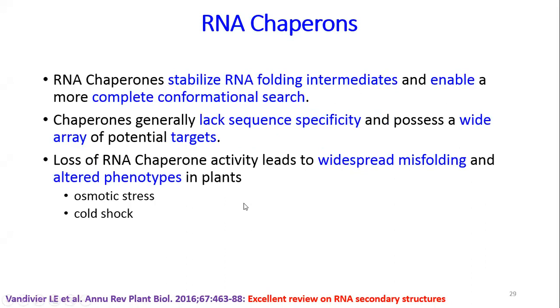Now these RNA chaperones are known to stabilize RNA folding intermediates, and that enables a complete conformational search. These chaperones generally lack sequence specificity, and due to this, they might have a wide array of potential targets.